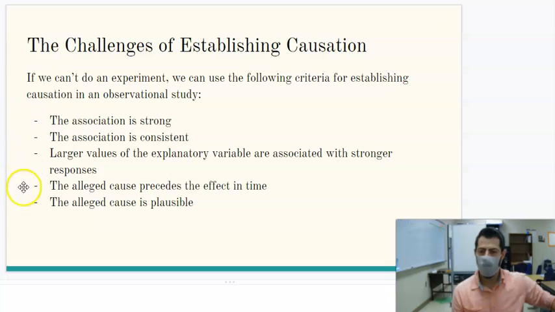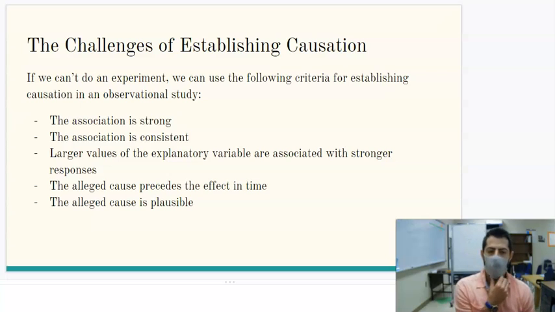But one example where this comes up a lot is when you're studying the effects of carbon dioxide gas on the environment. CO2 going into the atmosphere precedes the climate effects. It is a plausible effect because that relationship has been tested. The association is very strong. It's a very consistent association, and very large values of CO2 in our atmosphere do contribute to very high temperatures in our atmosphere, beyond what we've seen in all recorded history so far.